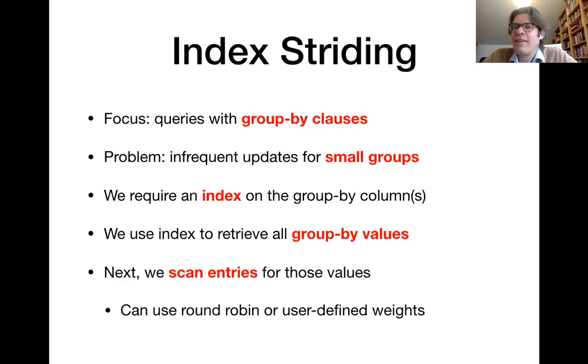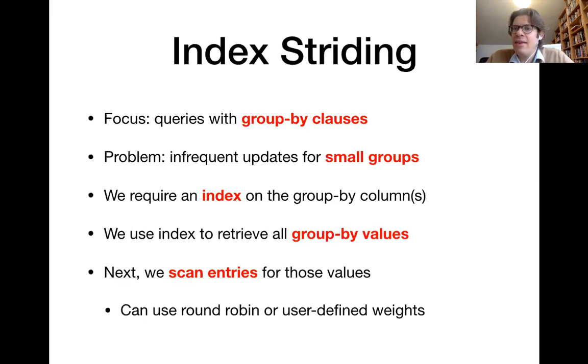And one technique that helps against that is index striding, which requires that you have an index on the group by column. Because now you can first of all use the index in order to find out about all the different values in the group by column. And in the next step, you can use the index in order to specifically retrieve values for each of those possible values in the group by column.